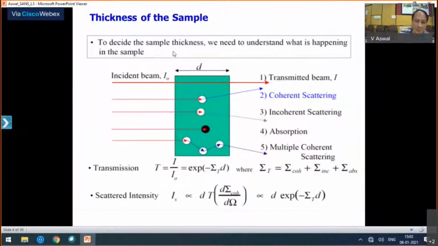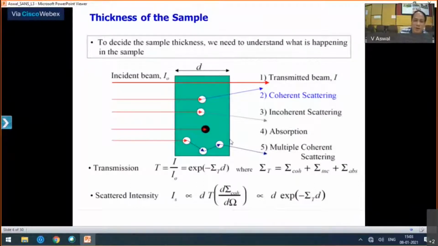So how do you decide the thickness of the sample for your SANS experiment? Because it is important. If you take too thick, then your transmission will go down, and if you take too thin, then your scattering will be low. So how do you optimize the thickness of your sample?